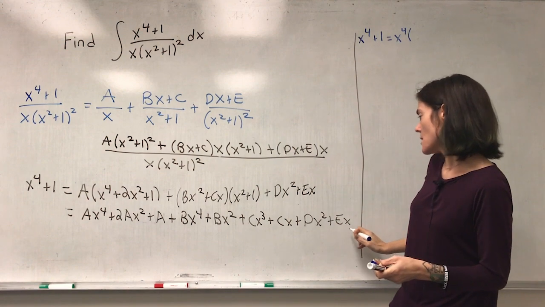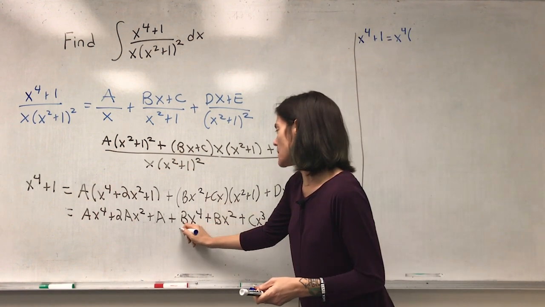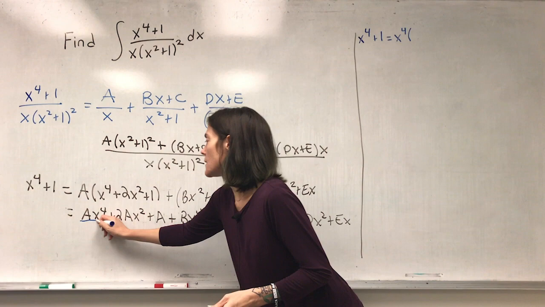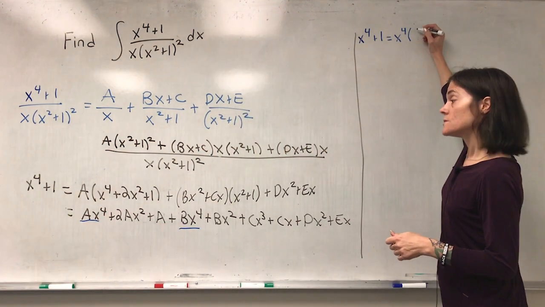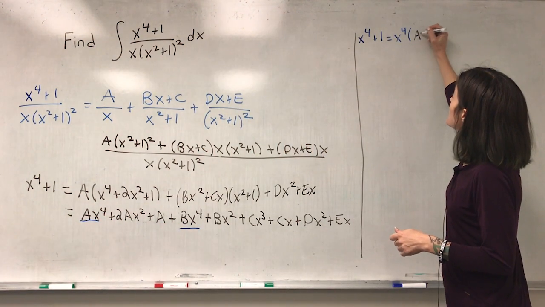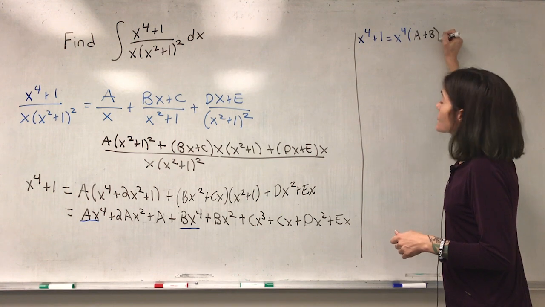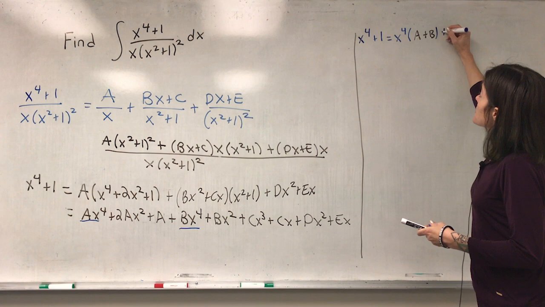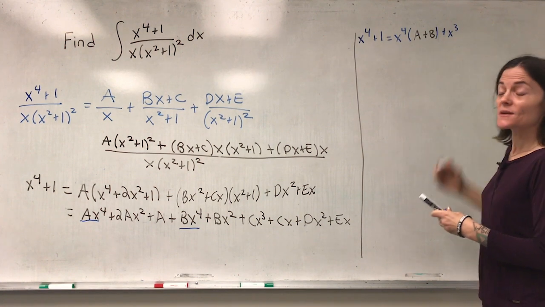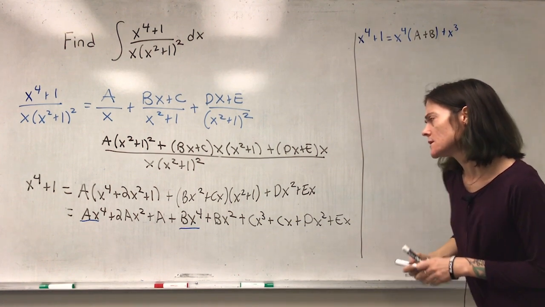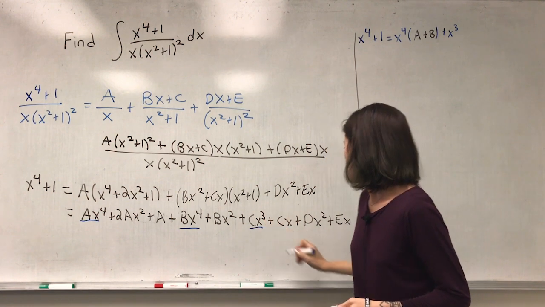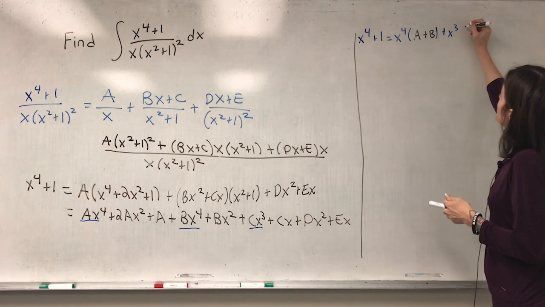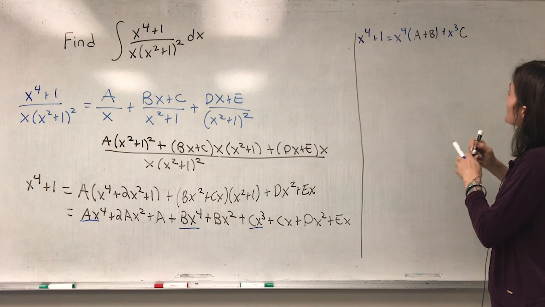So let's find them. My x to the 4th is here and here. This is going to be A plus B. Then I have the next power, x cubed. What are my coefficients? I have Cx cubed, C, okay.